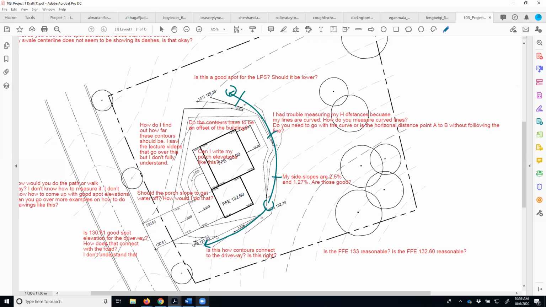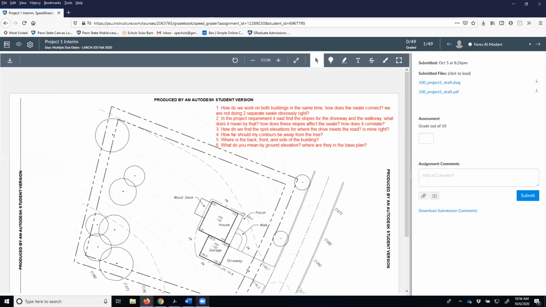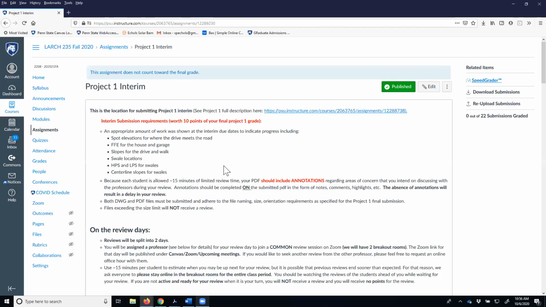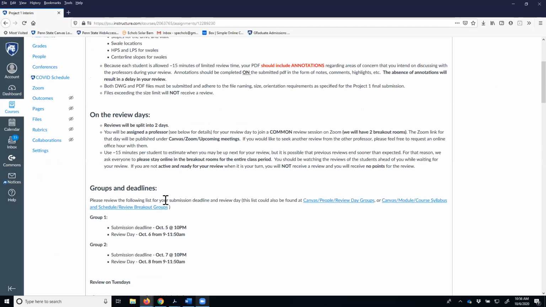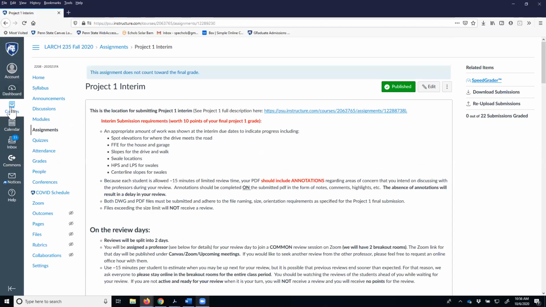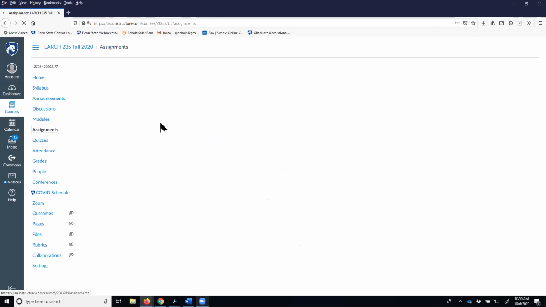Wow, that is crazy. So for the slope parameters, it's not letting me bring it up on that computer, so I'll bring it up on this one. Let's try that again. That's the interim. I don't want the interim. I want the final.